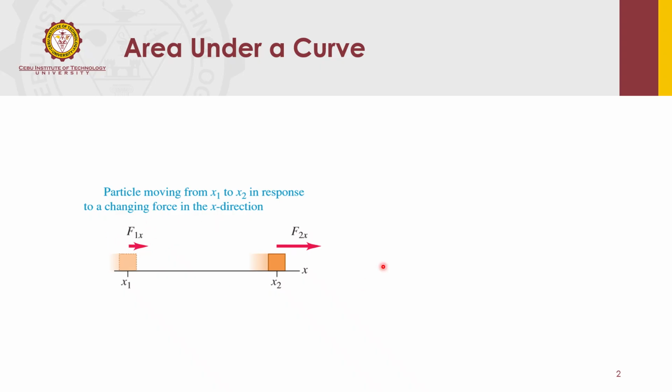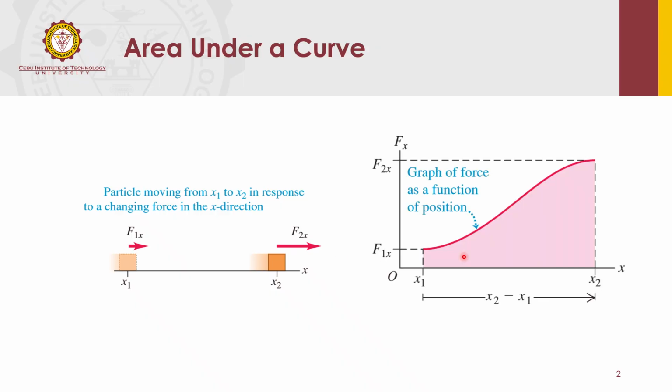So, the force is changing. If we're going to graph this, the function is not linear, right? So if it's not linear, how do we get the work done on the object? If only the function is linear, we simply multiply the applied force by the displacement, and the work done is represented with a rectangular region.